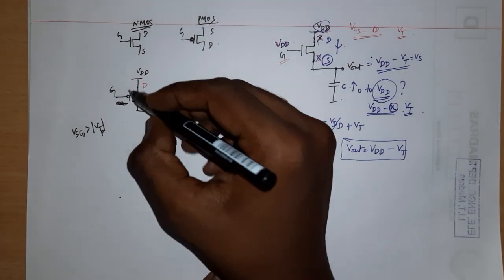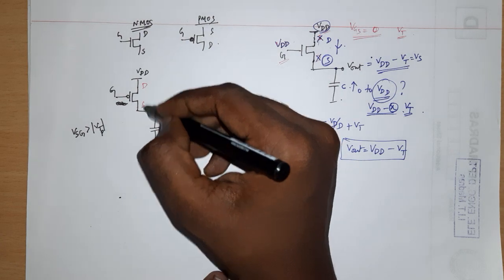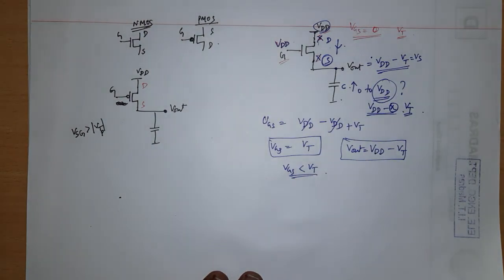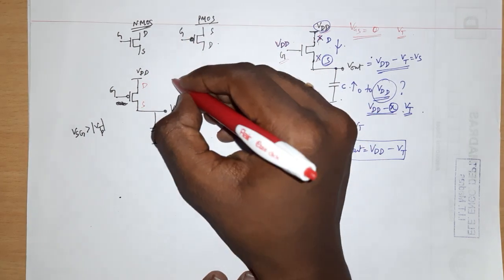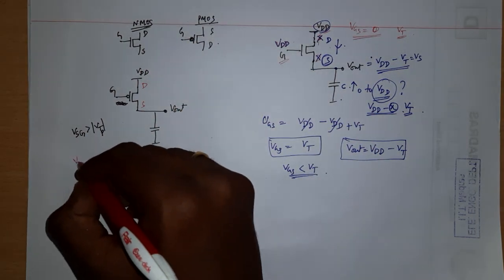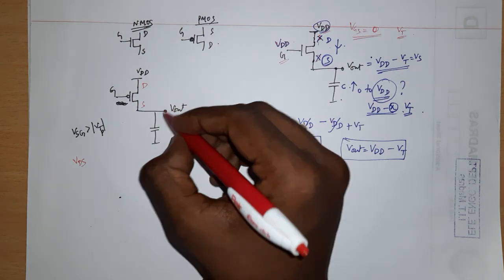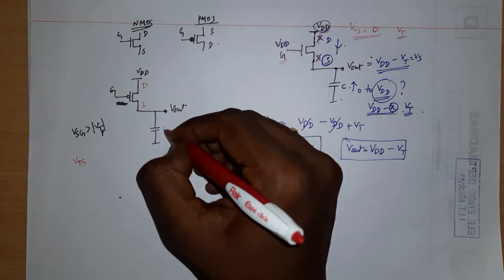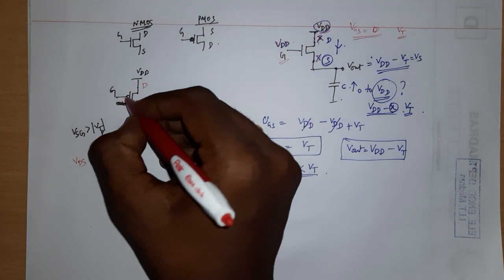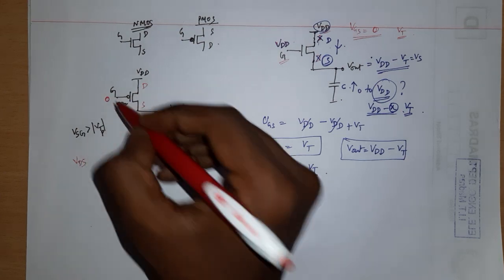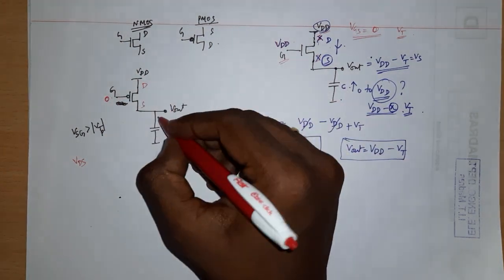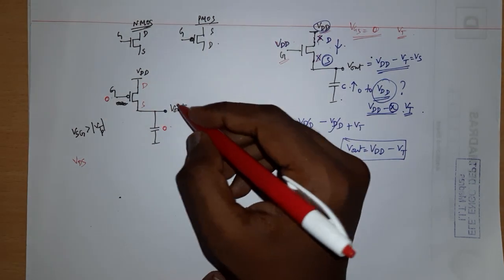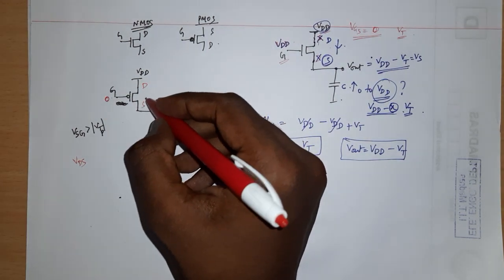So what happens if I put it in this manner, if this is drain and this is source? Let me assume initially the source is at 0. For PMOS to conduct, I have to give 0 at the gate.